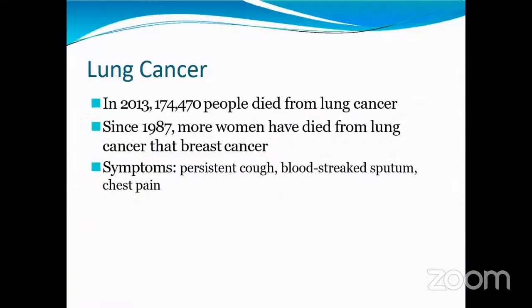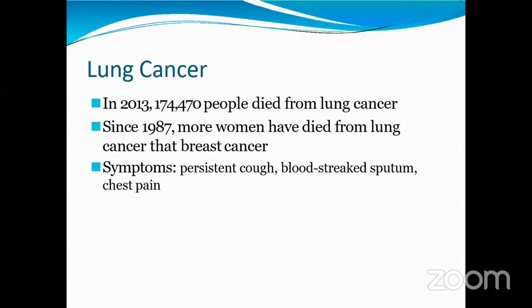Then types of cancer, at the organ level. First is lung cancer. In 2013, 1,74,470 people died of lung cancer. And women also died of lung cancers and breast cancers.